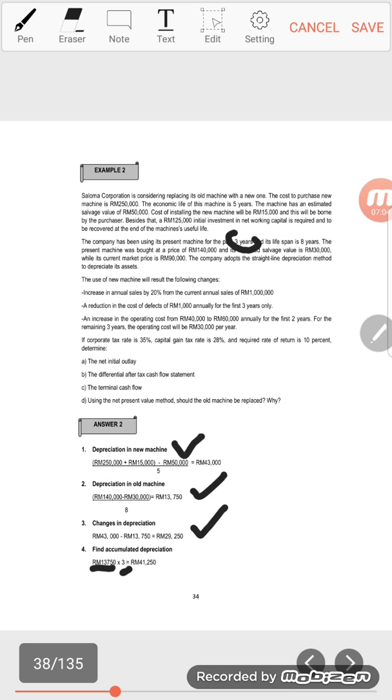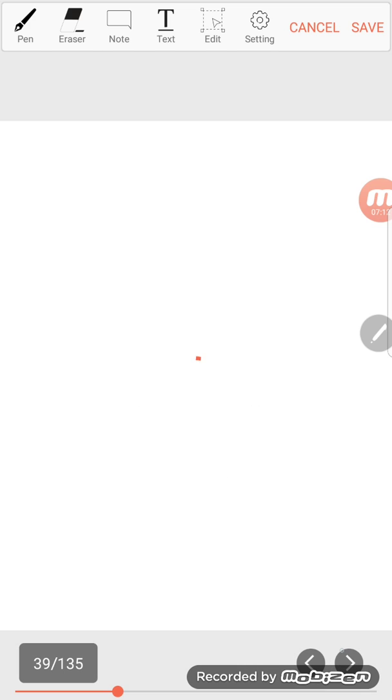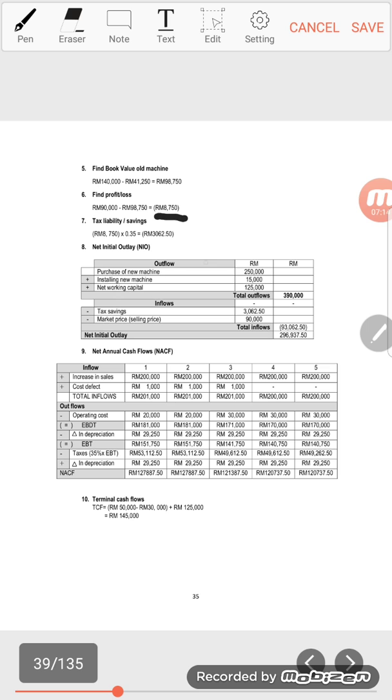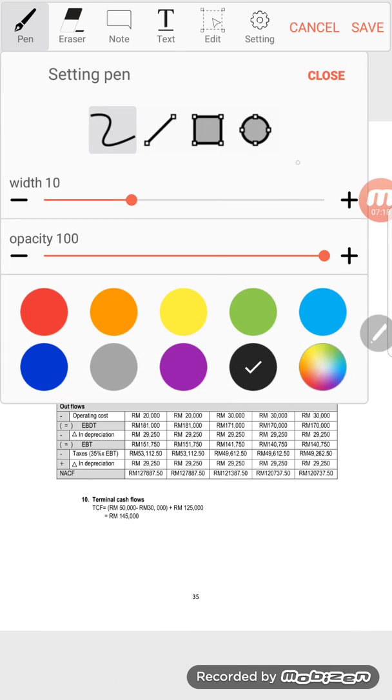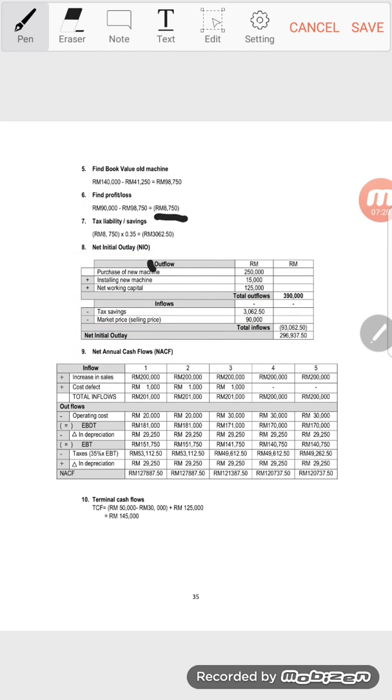In the first paragraph, 125,000 ringgit is a positive amount, so we consider that as an increase in net working capital. That's why we put it under outflow, because it is a positive amount. So now let's look at the inflows.